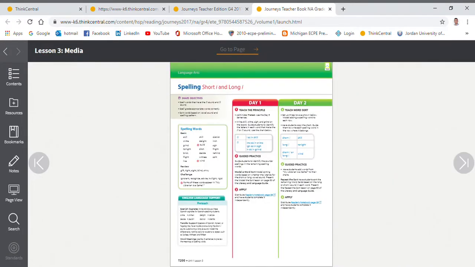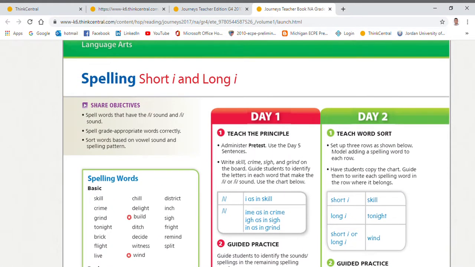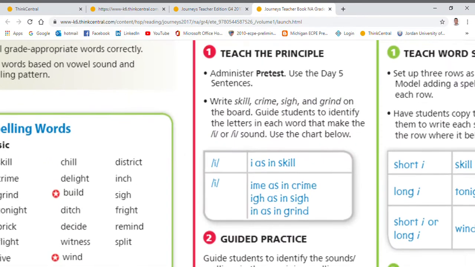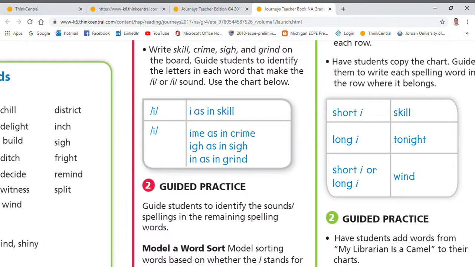In the spelling, guys, I'm going to discuss the short I and long I and the cases of them. Whenever I have a single I, it's going to be a short one. Whenever I have IME, IGH, and IND, I'm going to have a long I, like the word crime or sigh or grind. Okay, so I'm going to have a long I vowel sound.